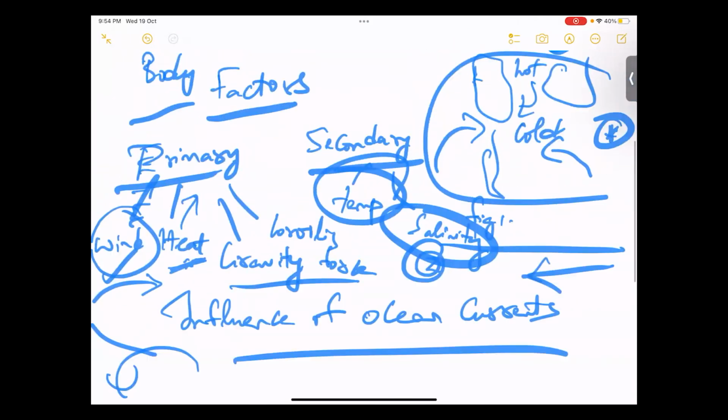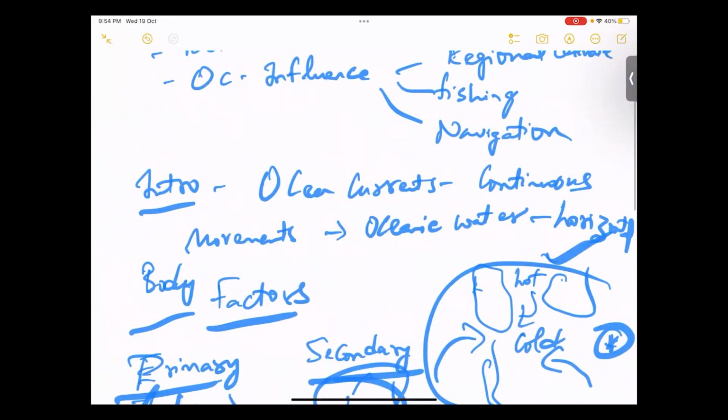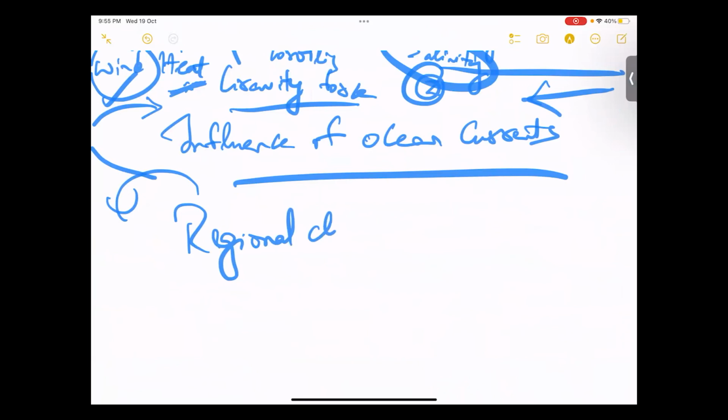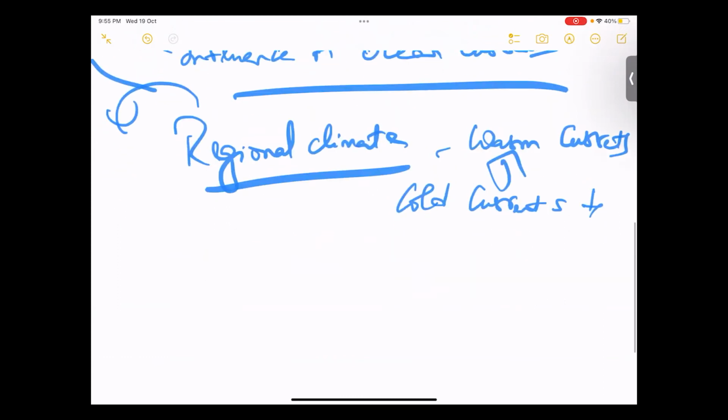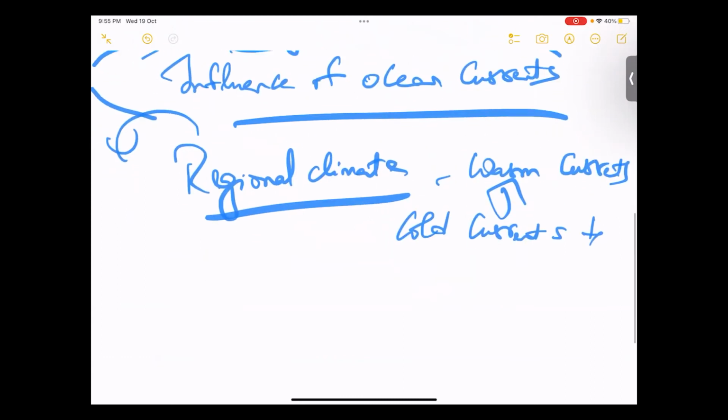Then, influence of ocean currents. What is the first part? It is asking about the regional climate. Generally, warm currents raise the temperature, and cold currents decrease the temperature. That is one point.